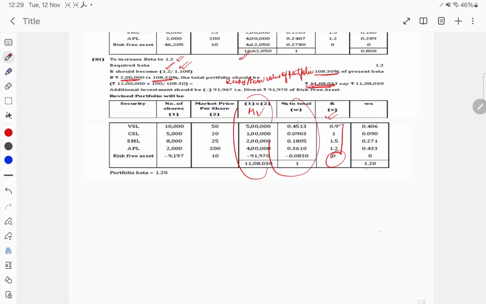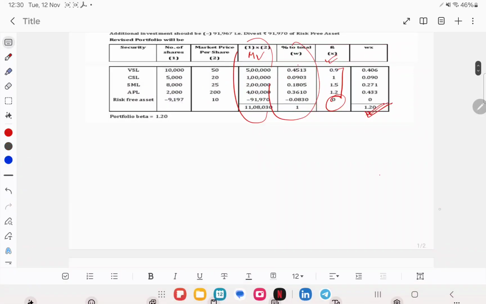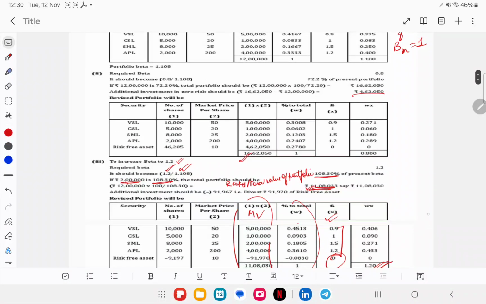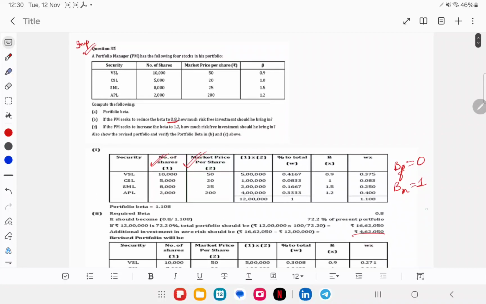You multiply it, and the final result is 1.20, thus proving that your answer is correct. That was all about this question. It is an important question for your examination, because you may see this question for 8 marks or even 10 marks. So do write and practice this question for your examination purpose.